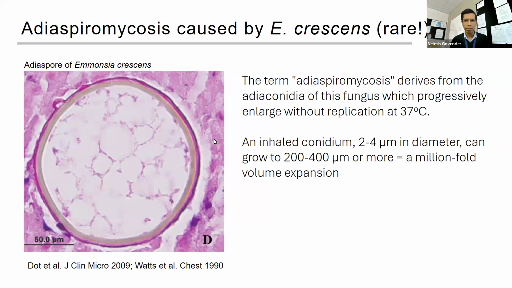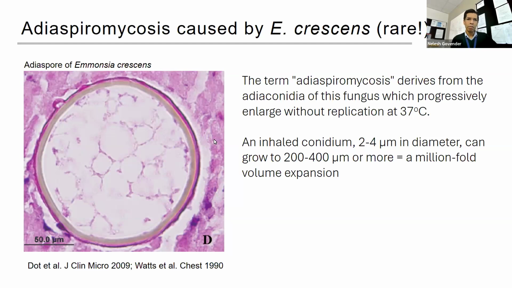Patients develop pulmonary lesions produced by these enlarging conidia. They tend to be discrete or confluent granulomas, each containing thick-walled, spherical adiaconidia, just large enough to be seen with the unaided eye.